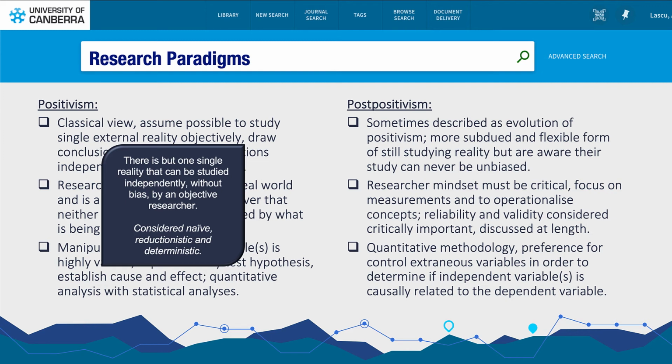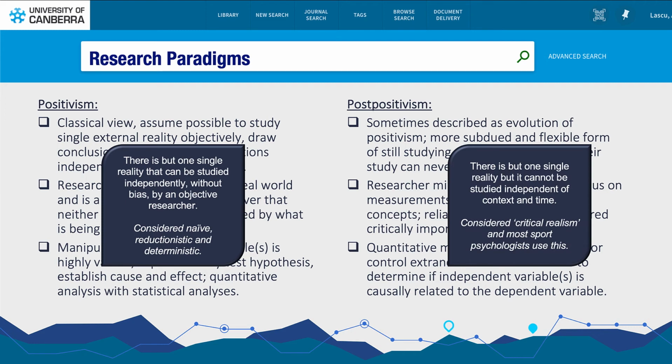Quantitative methodology with a preference for controlling extraneous variables in order to determine if independent variables are causally related to the dependent variable. A summary is that there is but one reality, but it cannot be studied independent of context and time. It's also known as critical realism and is used by most sports psychologists at the moment.